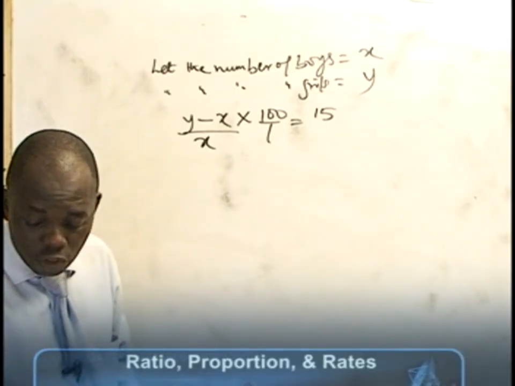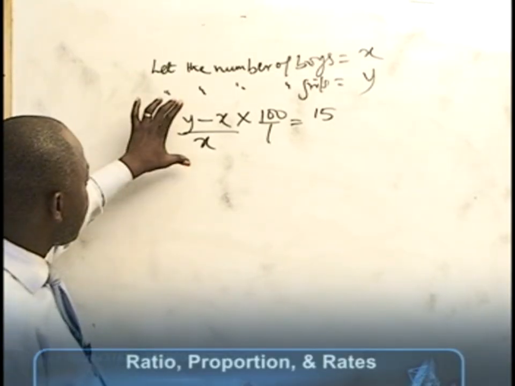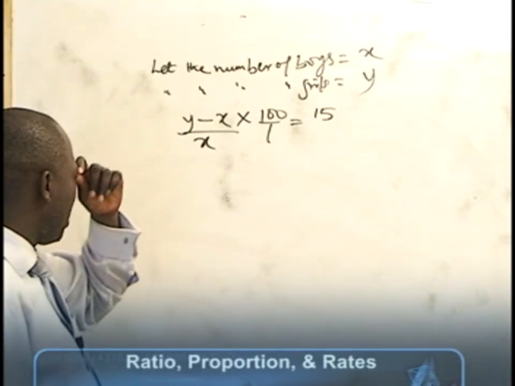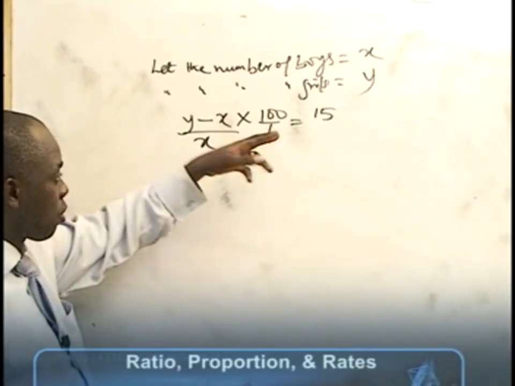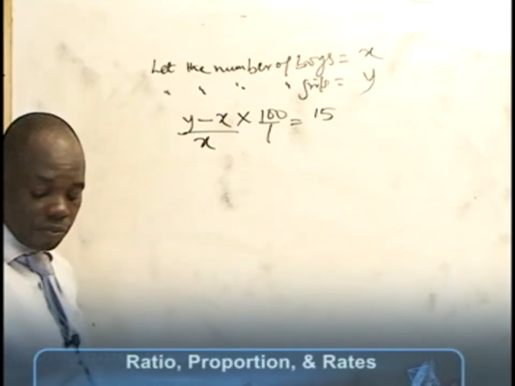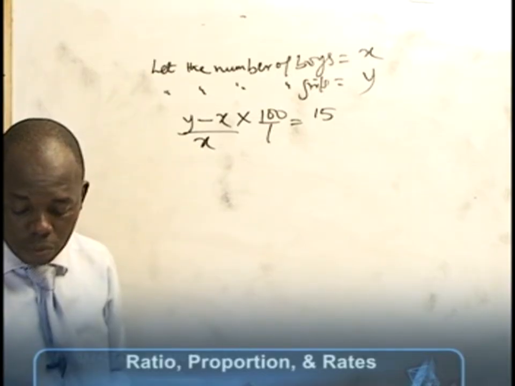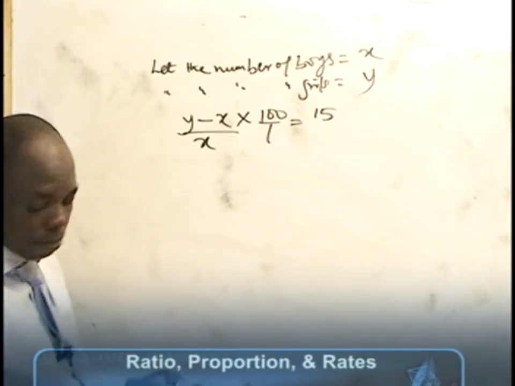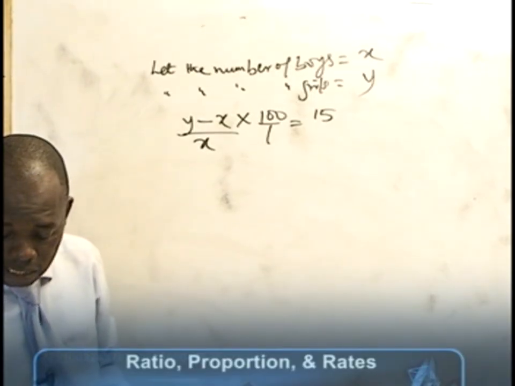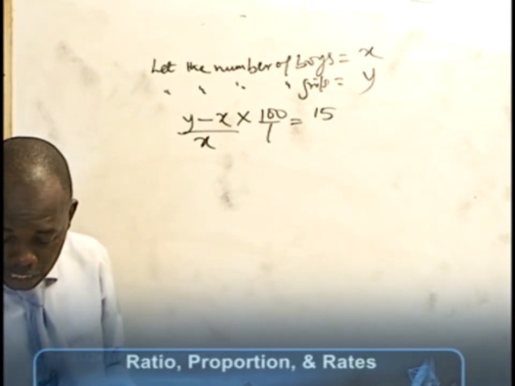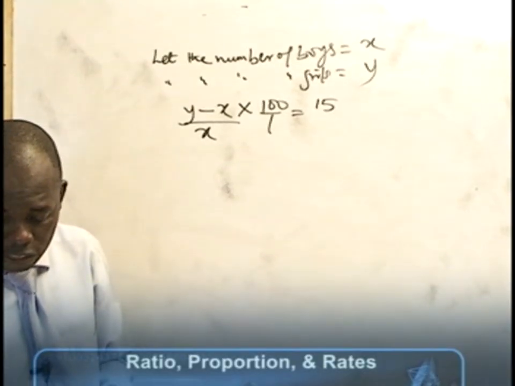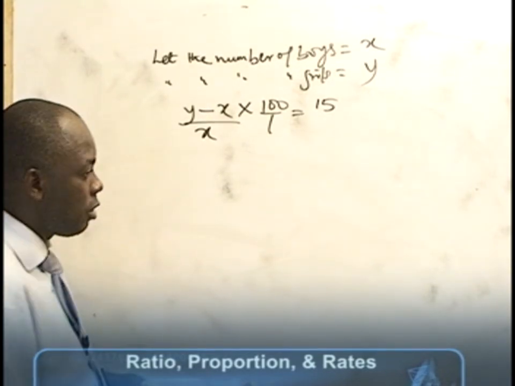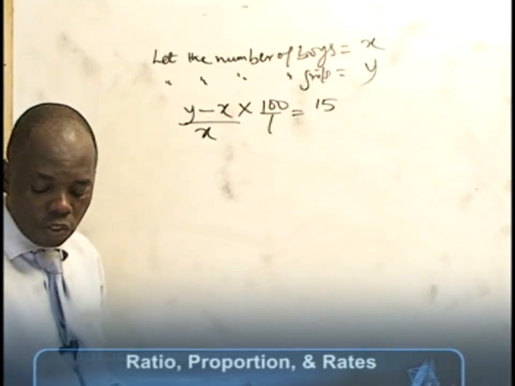If that situation presents itself, you write it in this format: Y minus X divided by X times 100 over 1 equals 15. Then we are told to find the ratio of the number of boys to girls.